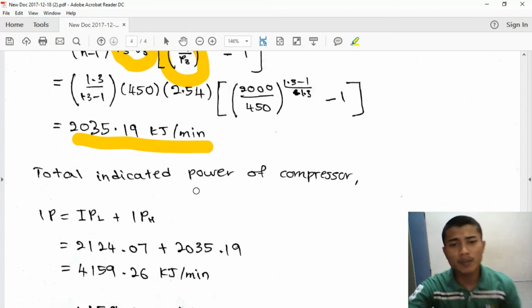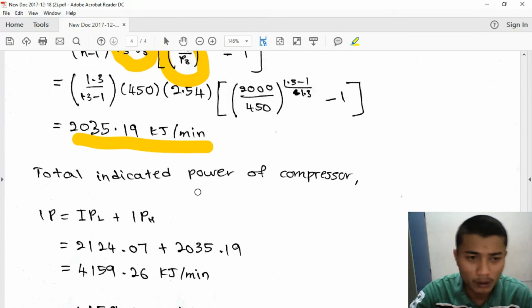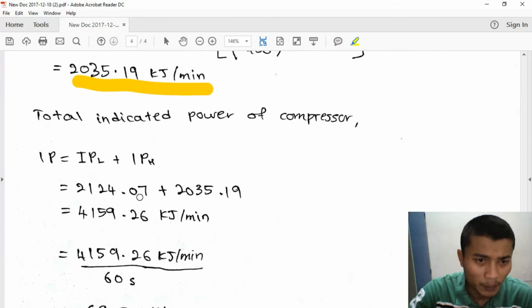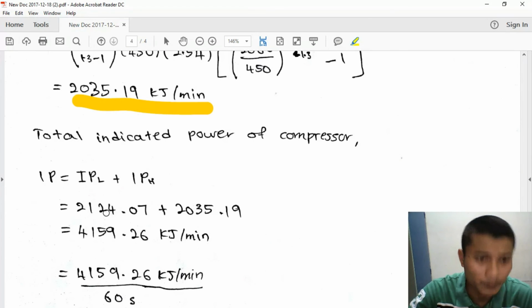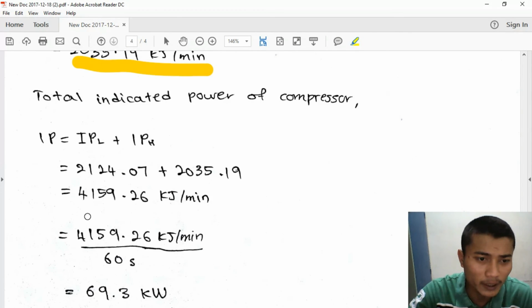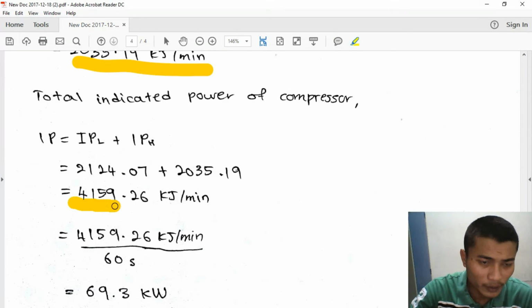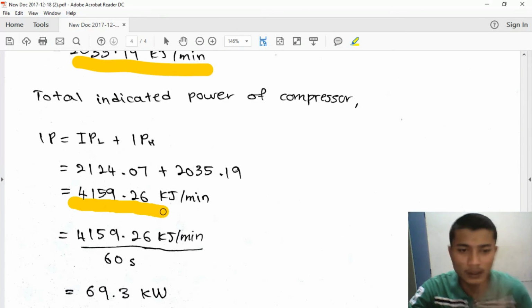To get the overall indicated power, we add the indicated power of the HP and LP cylinders. From that, we get the indicated power for the overall cylinders, which is 4159.26 kilojoules per minute.